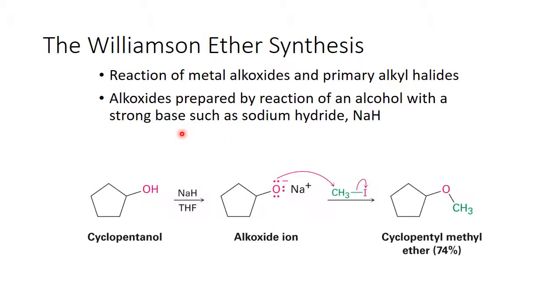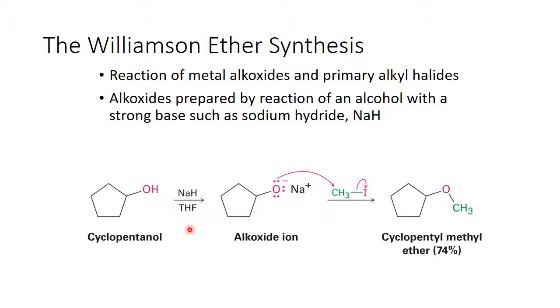For more complicated ethers, what we do is we use a Williamson ether synthesis. To make an ether in this manner, we have an alcohol that we form into the alkoxide. There's a lot of ways to do it.